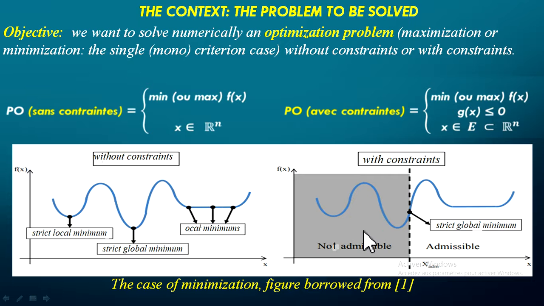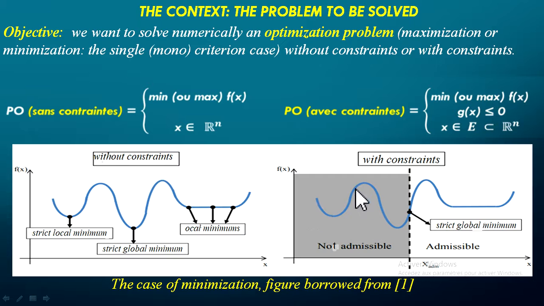We see in the second illustration that we have restricted the area space. We have only this space with this color, because x is in a subset of R to the power n.